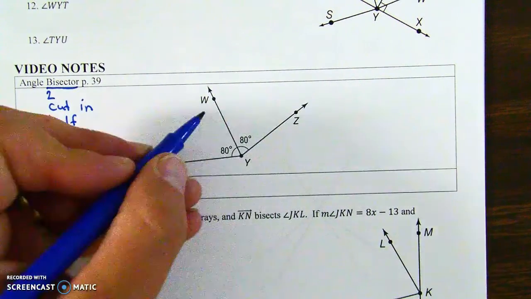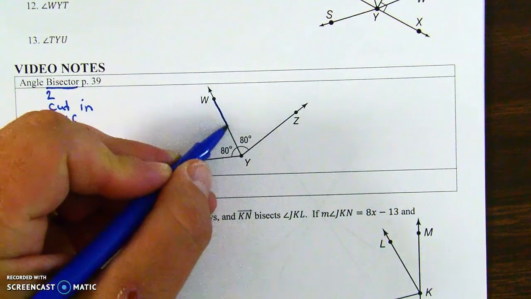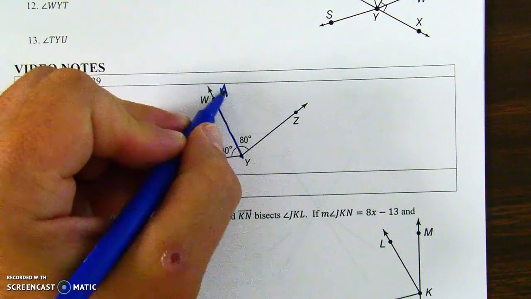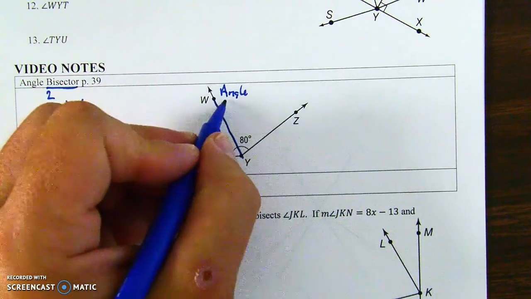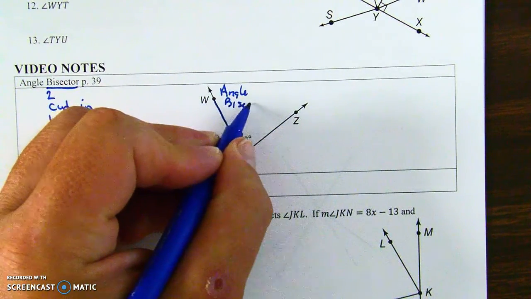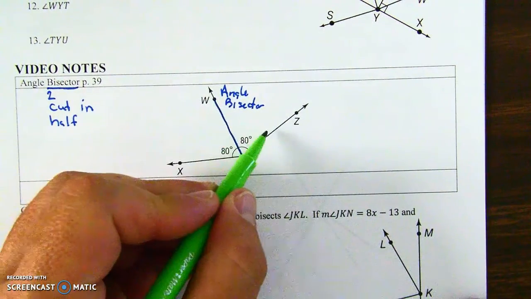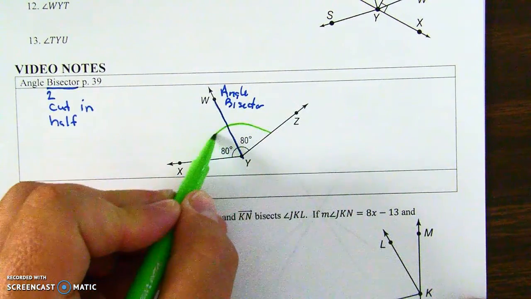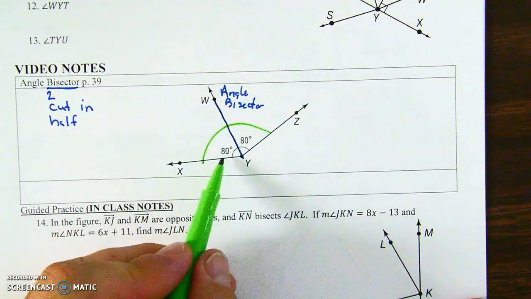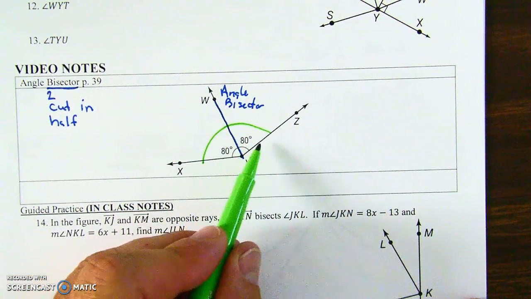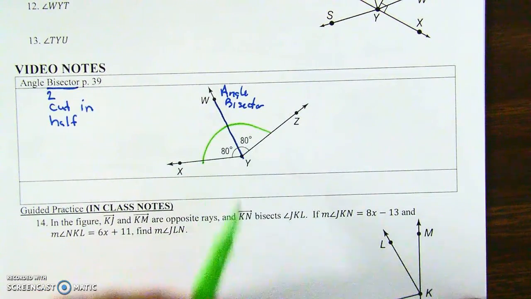So WY is called our angle bisector. Why is it called the angle bisector? Because it cuts this whole angle, if we mark it in green, an arc, in half, where each side is equal to 80 degrees.